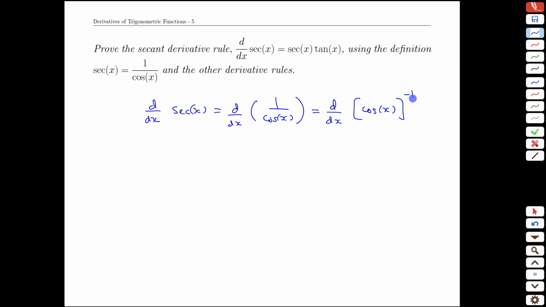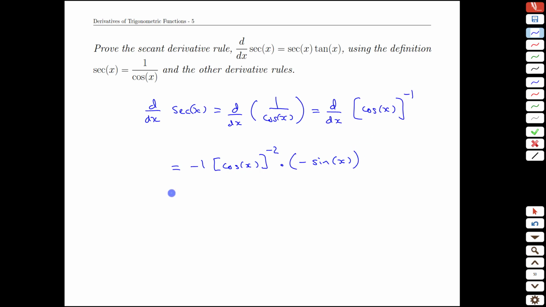That'll be another way to write the same thing. And now we have a classic chain rule application where we have the derivative of something to the -1, and then we get the same thing inside, cos of x to the -2, and then we take the derivative of the inside, and the derivative of cosine is negative sine of x.